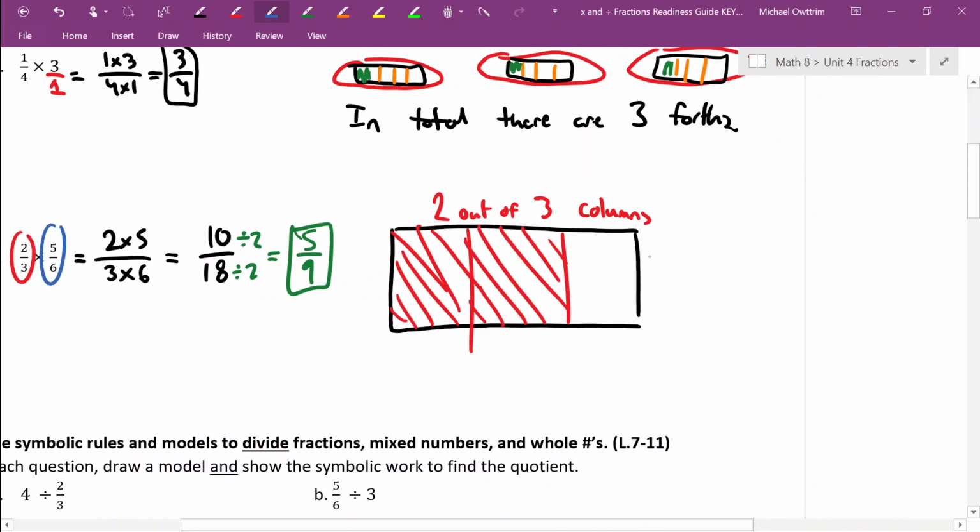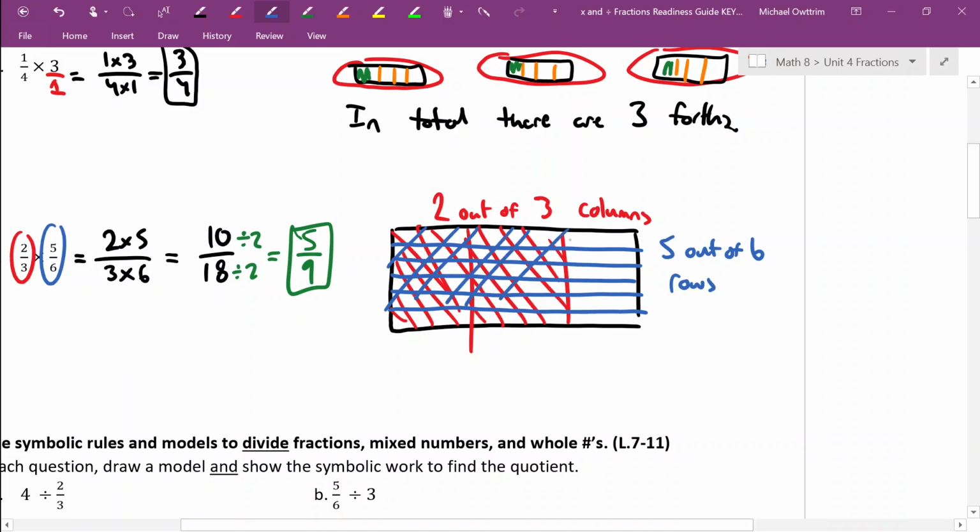So I'll have 5 out of 6 rows. 1, 2, 3, 4, 5, 6. And I've got 5 out of 6 of those. And remember, my solution is where I have both.